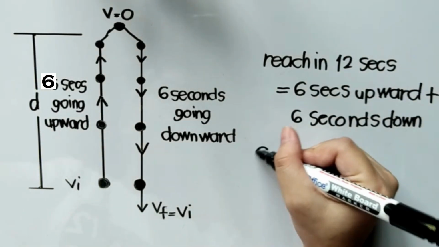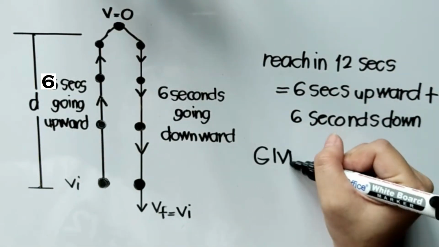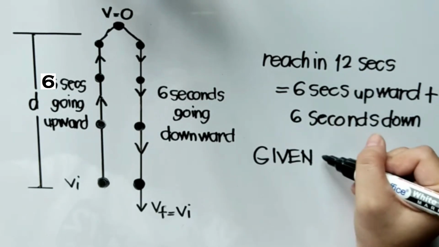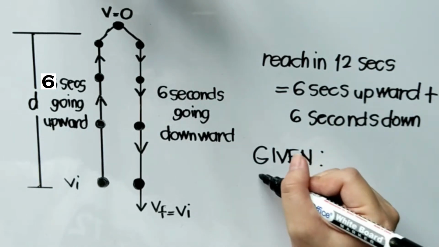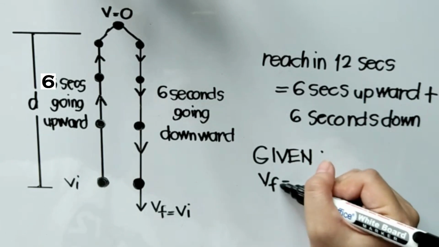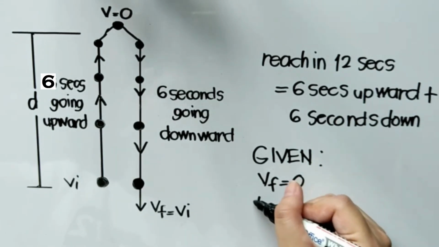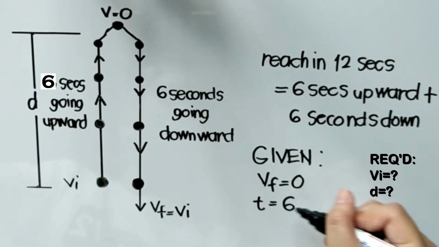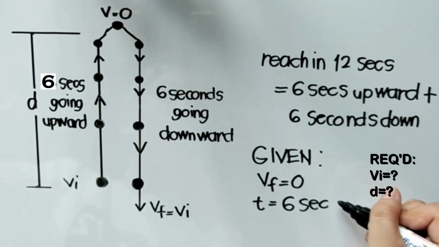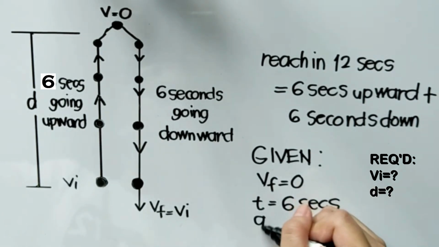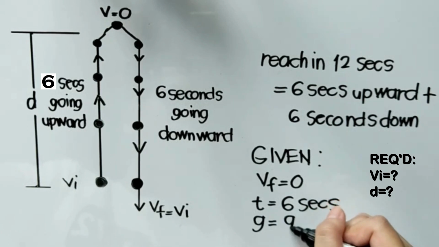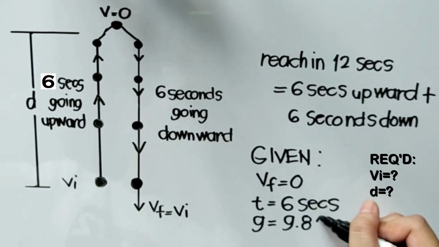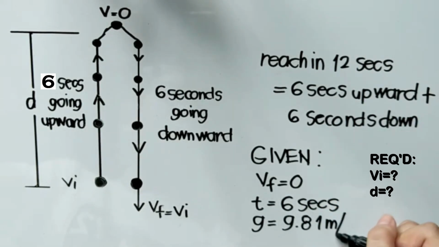Therefore, our given: the final velocity is equal to 0, time is equal to 6 seconds, and the gravity is equal to 9.81 meters per second squared.